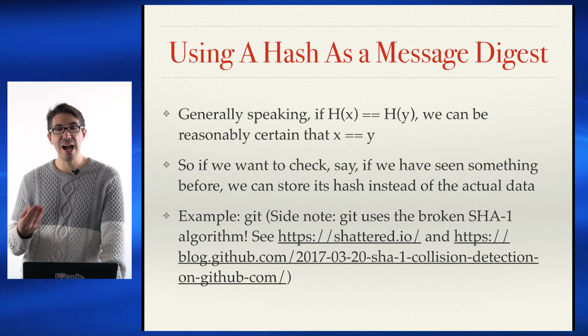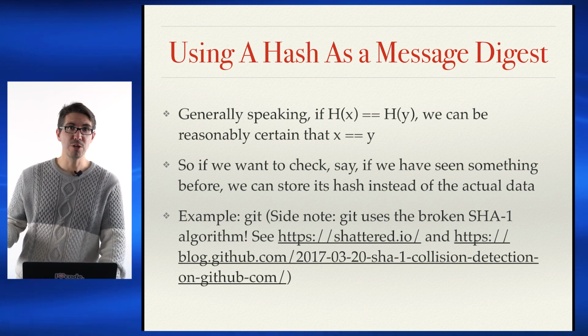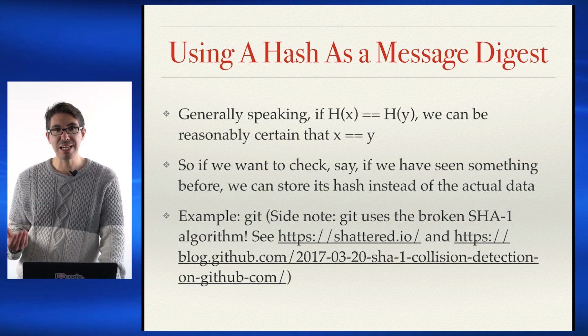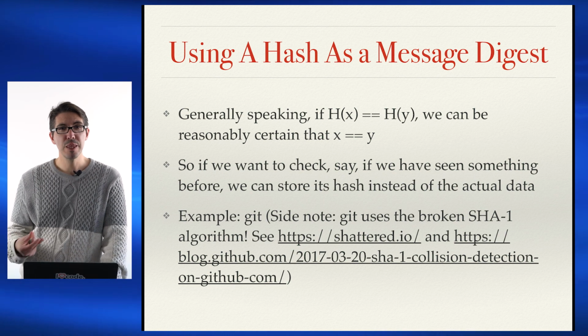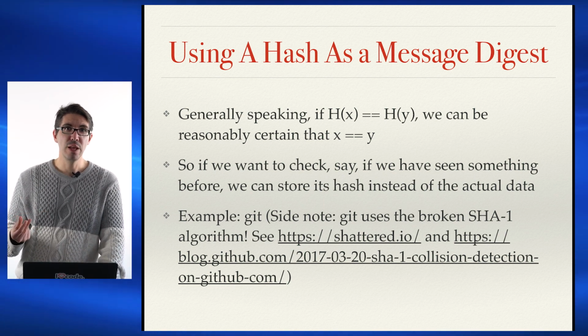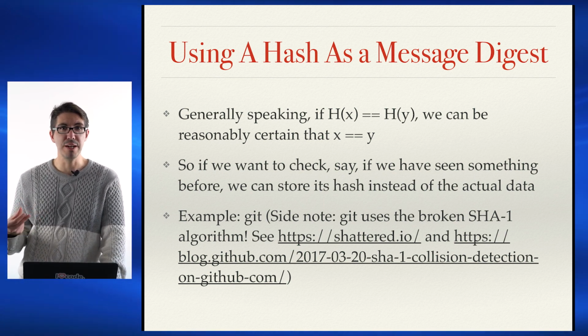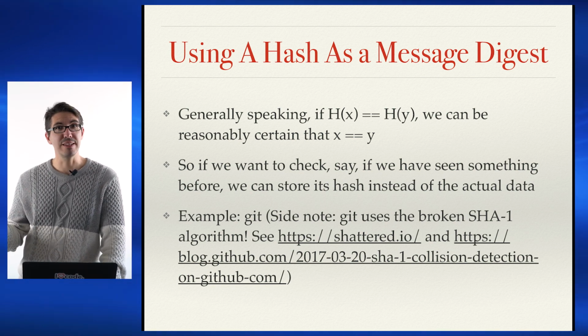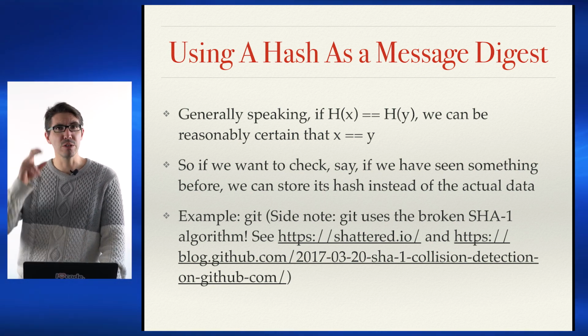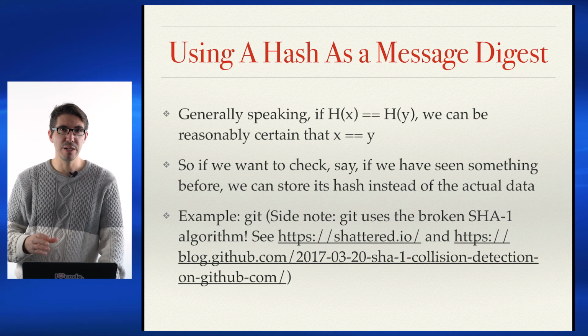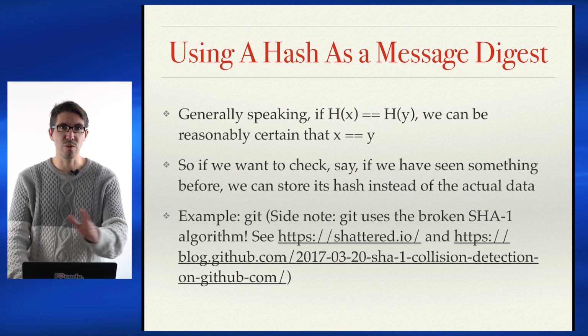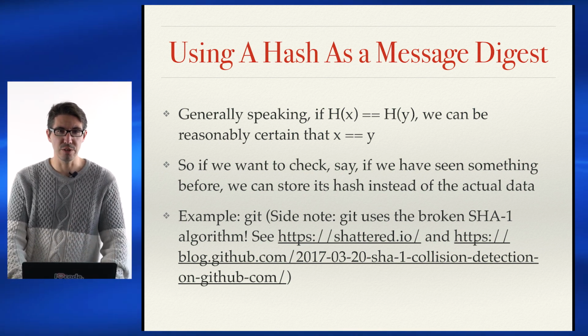Since the actual value can be of arbitrary length, whereas the hash will always be of a certain size, you can imagine that this is very useful in places where you have a limited amount of memory, which is basically everywhere, but especially important on a blockchain where you have a limited amount of space because the blockchain is replicated amongst many different servers.